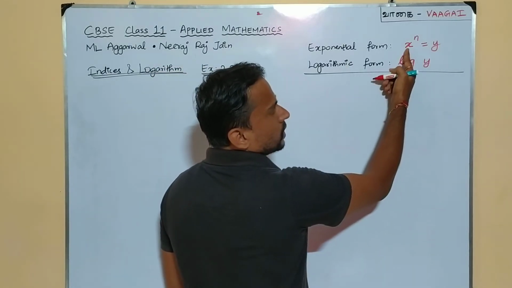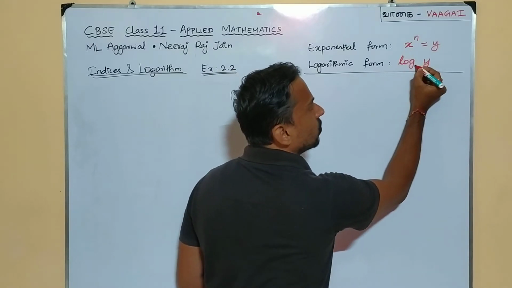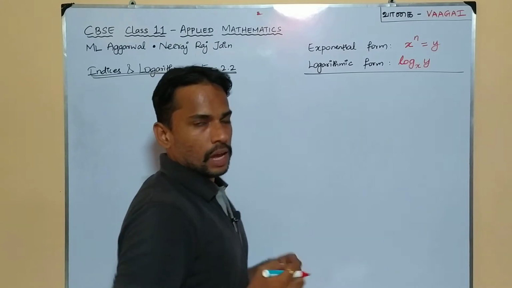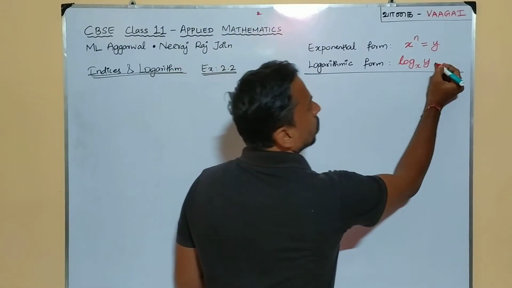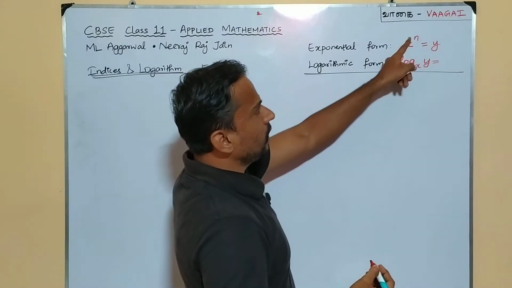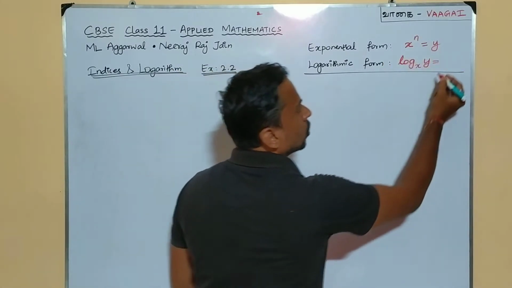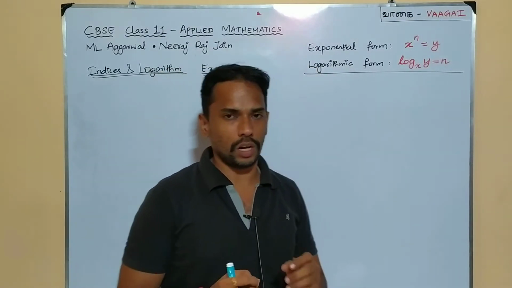See the left hand side, the base here is x, right? That will come here to the base of the log, that is, we'll write it as a suffix: log y to the base x. That's how we read it. I'll repeat, log y to the base x is equal to, and the power n is there, right? That power n will now come to the right hand side. So this is how it will be coming. I hope it is clear to you.